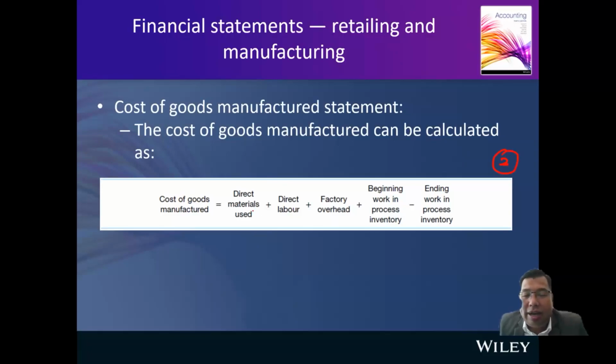The formula will be direct material used plus direct labor plus factory overhead plus your WIP opening, work in process opening, minus WIP closing or ending. Can you write down this formula?